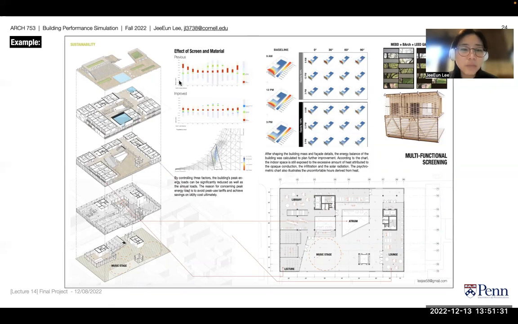This was the previous thermal energy balance chart. Then after we added the shading, we could reduce this much. Then we also ran the light analysis for the residential units and compared.